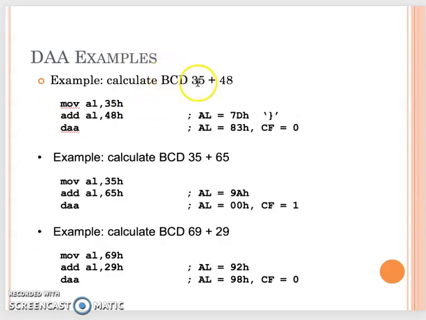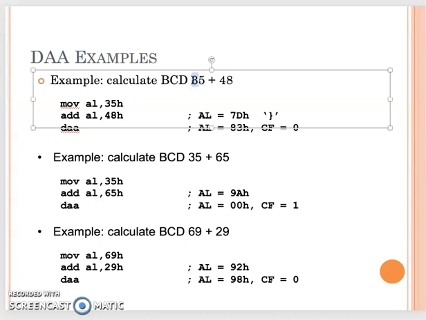So for example, we do 35 plus 48. When you consider 35, we just read each ASCII value as 3. That should be 33, right? But I only use the lower one, so I save the 3, and then the 5 I save as 5.